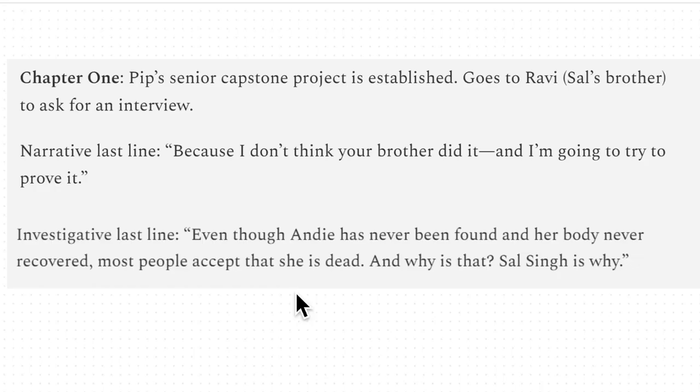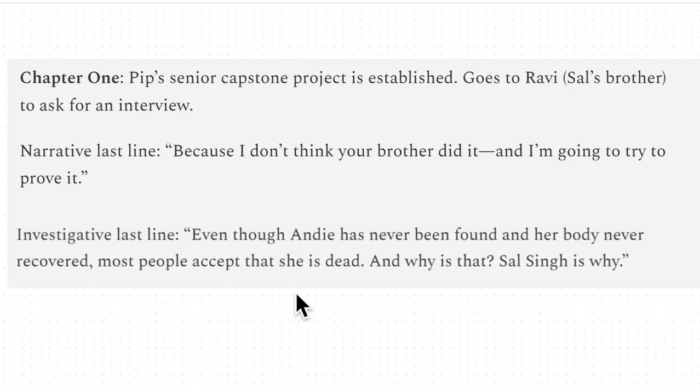At the start of the chapter, Pippa wants an interview with Ravi, and that's her sub-goal or her scene goal in her larger story objective, which is proving Sal's innocence. I think it's really interesting how the last line of that first chapter establishes her desire, her goal, and we're going to see that throughout this analysis. And it's a really strong way to start off that narrative drive.